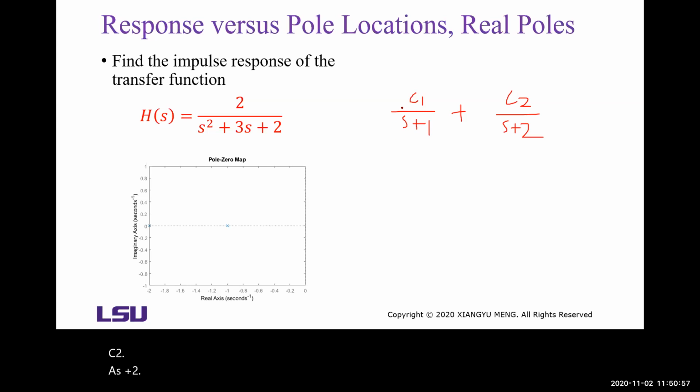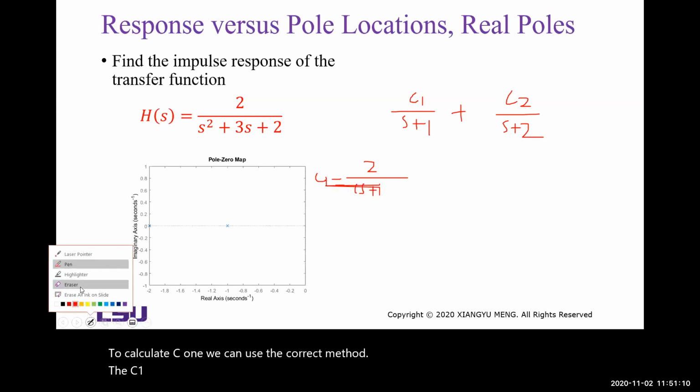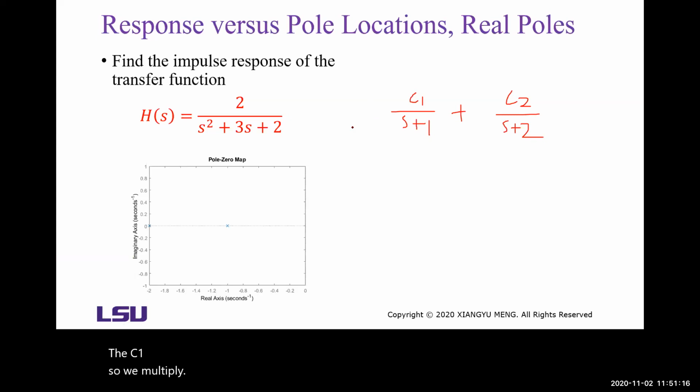To calculate C1, we can use the cover-up method. We multiply both sides by (s + 1), then let s be minus 1.